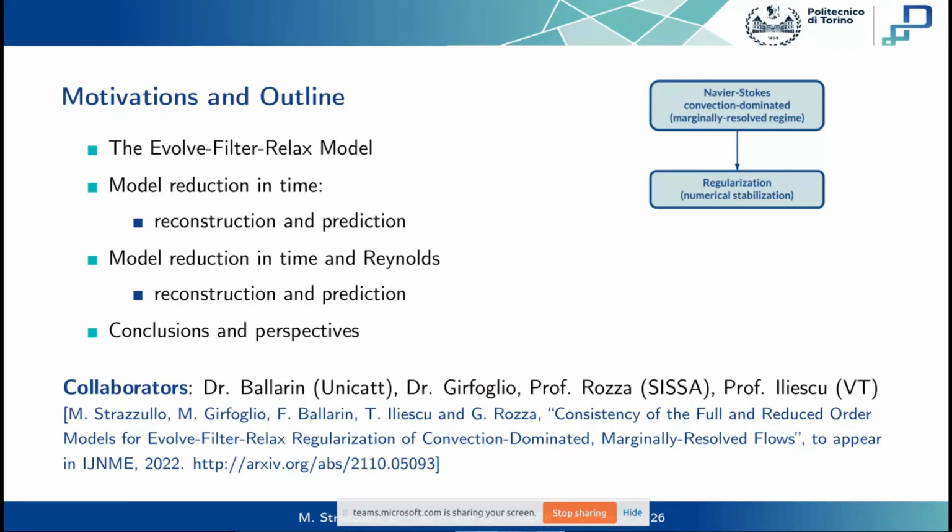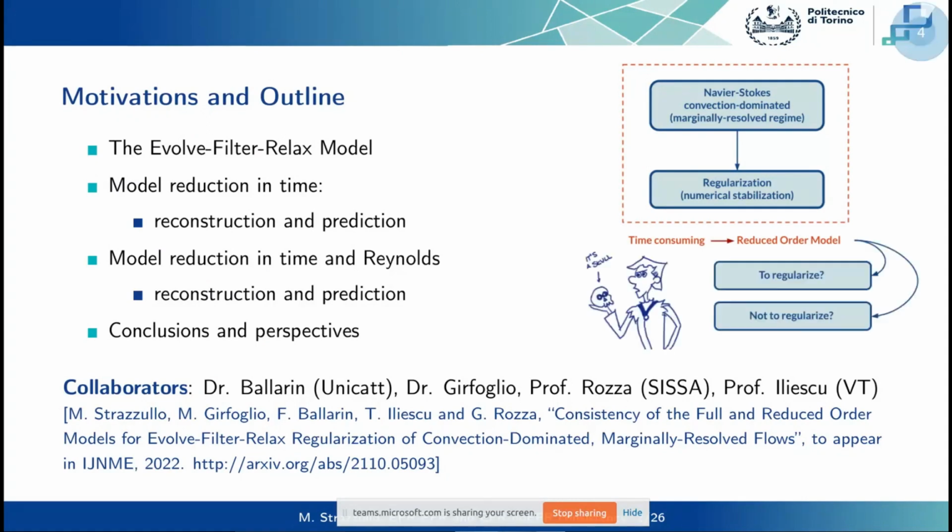Great. However, if you apply standard discretization techniques, this can be unbearable with respect to computational time. And so you can rely on reduced order modeling to solve your problem for several time instances or several parameters. Great. But now there are two ways to go.